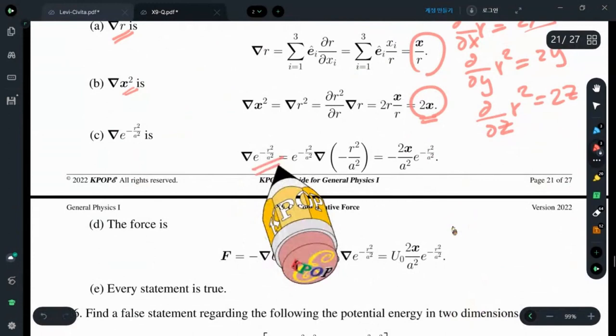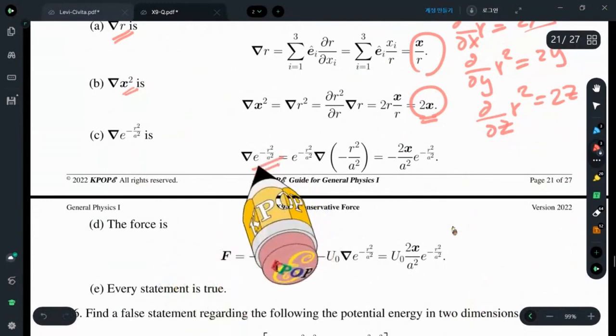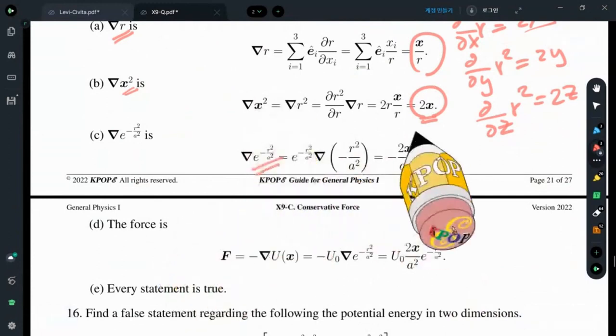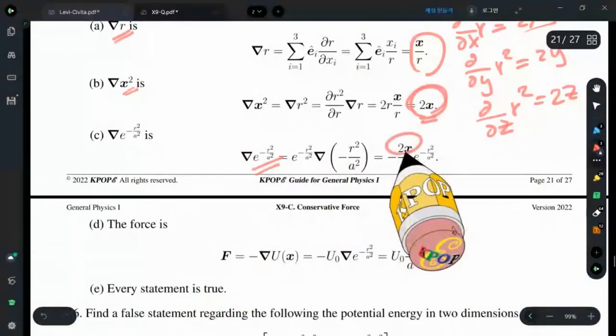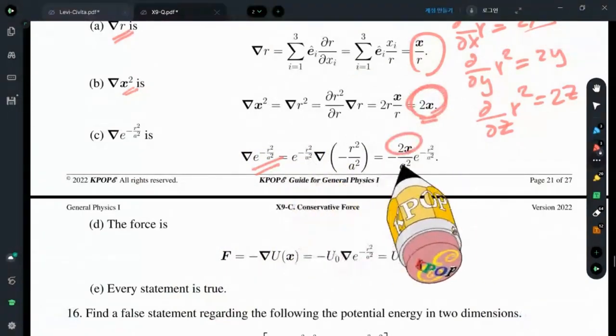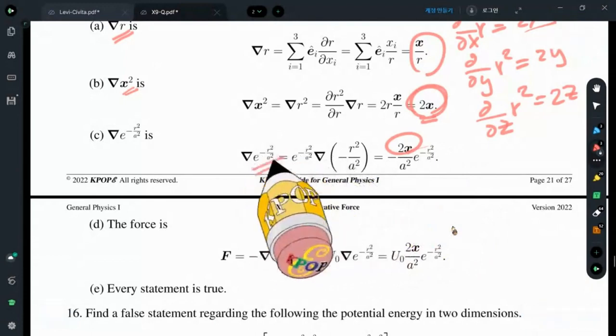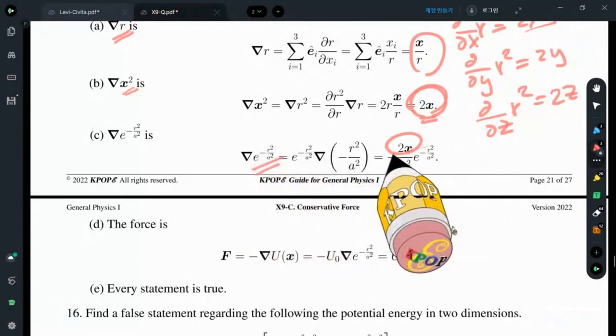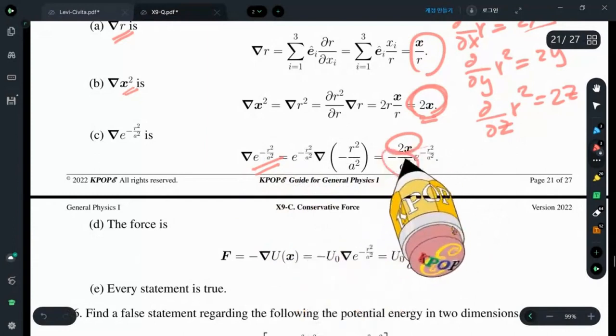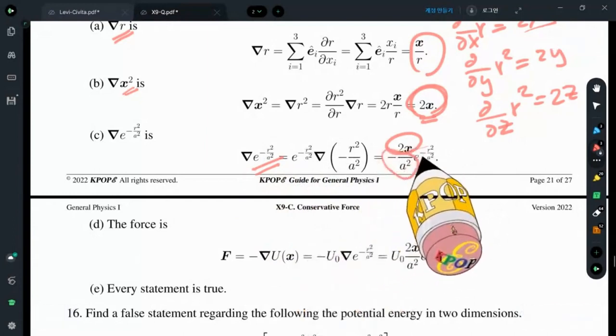If it is an exponential form, I can make use of the chain rule. So the derivative of r squared is 2x. And then why don't we take the derivative of this exponential function with respect to r squared? Then we have the factor minus 1 over a squared.